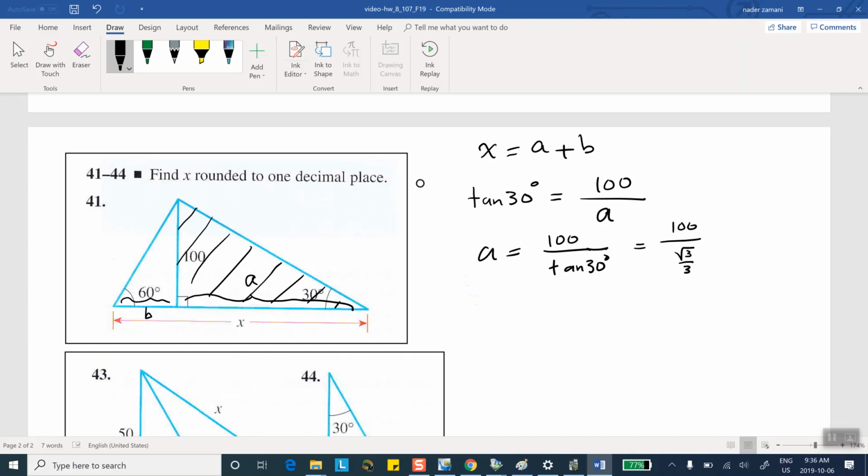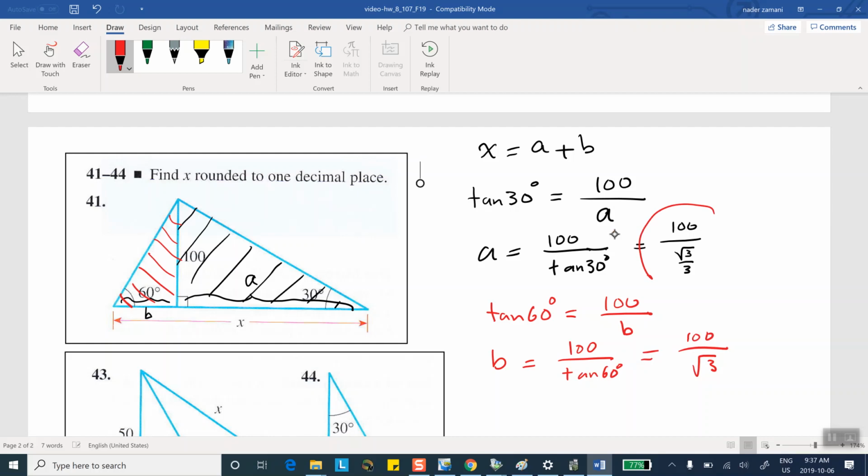And then if you look at the other right triangle, right here, this one, you're going to get B. You can write down, for example, tangent of 60 degrees, opposite, which is 100, divided by adjacent, which is B, and therefore B is equal to 100 over tangent of 60 degrees, which is root 3 times 100. But let's say we didn't know that. All we have to do is put this and that in our calculator, and we get our answer.